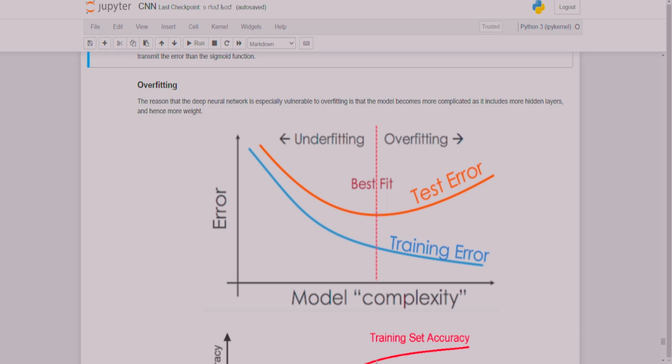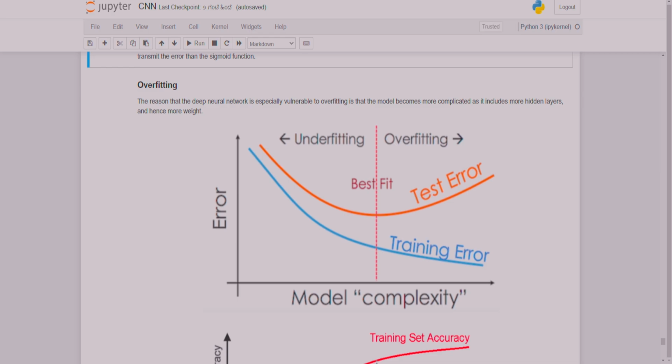So the testing curve is going to be completely different compared to the training error. Basically, the error increases after a certain level of complexity.